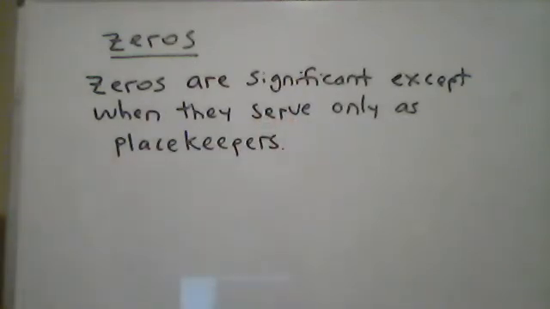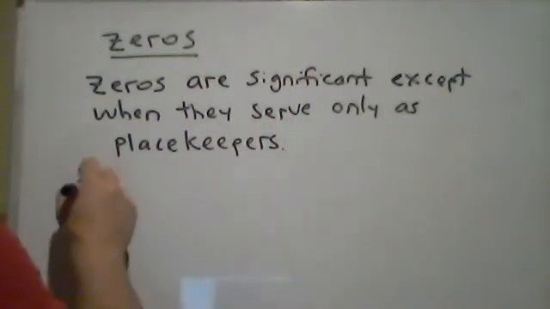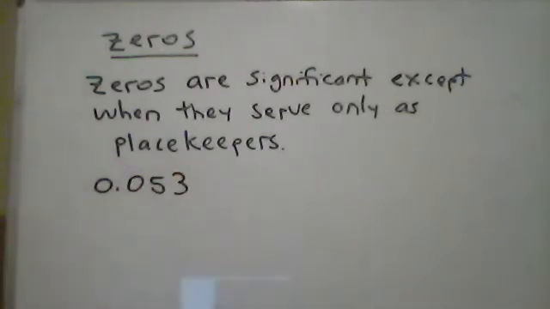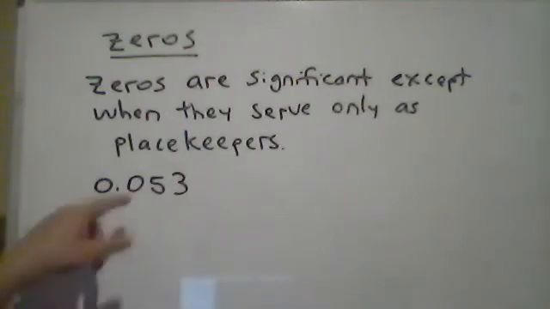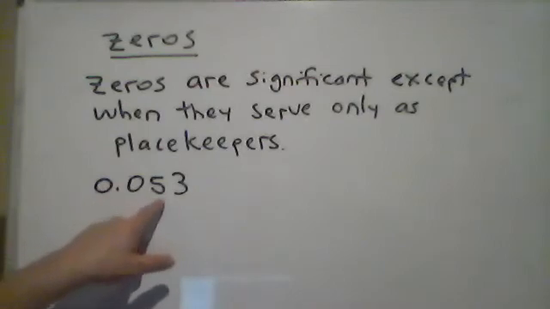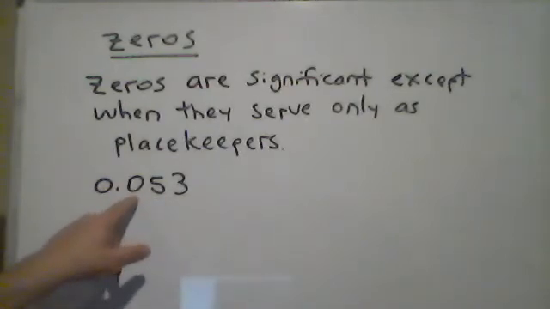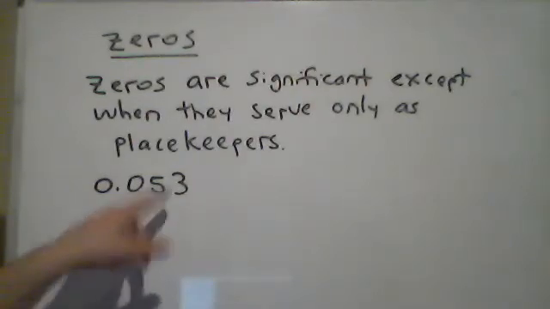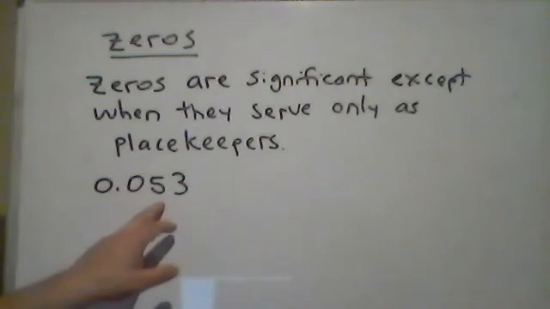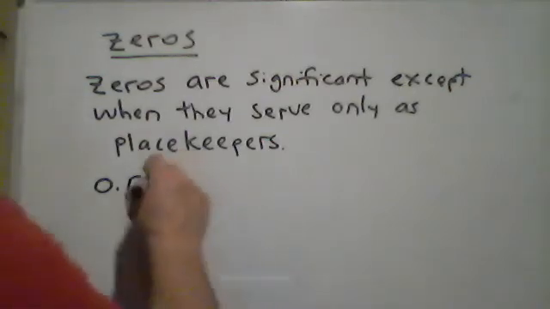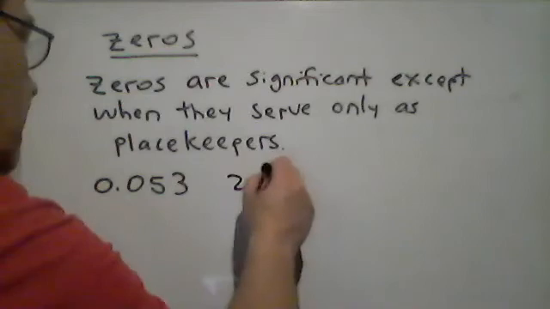What I mean by that is if I take 0.053, well, this 0 right here, all it does is move the first non-zero digit to its appropriate location. This is really a placekeeper. This really is not significant. It just moves it to the appropriate level of where the number is, where its magnitude is. So again, the answer there would be I have 2 sig figs on this one.